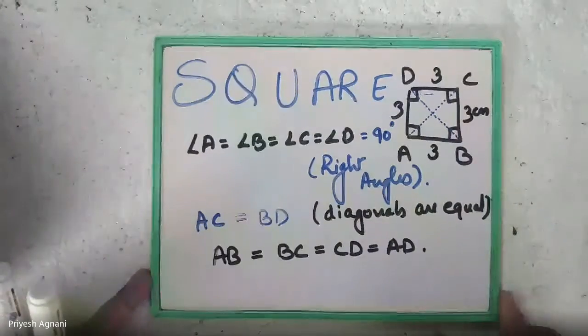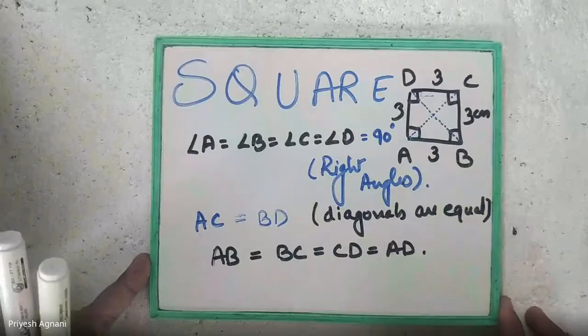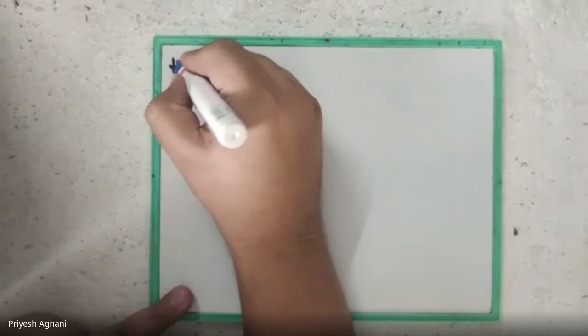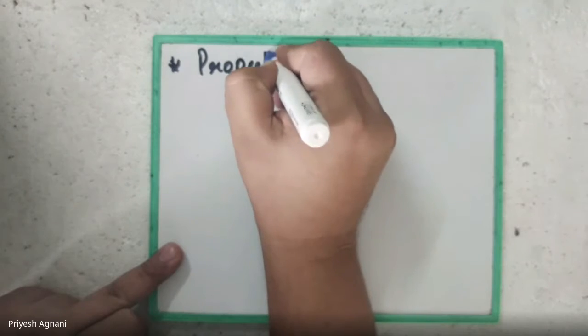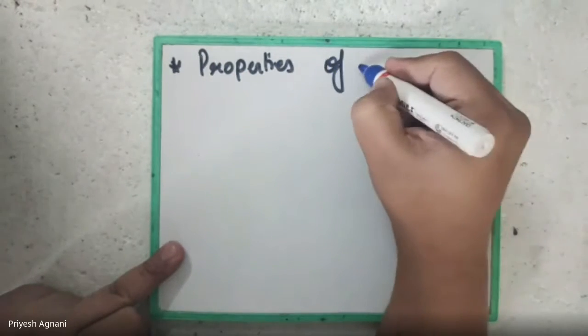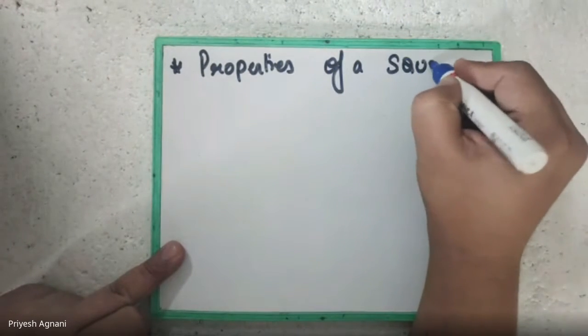Okay, now we shall write the properties of the square. Put down the heading properties of a square. Properties of a square.